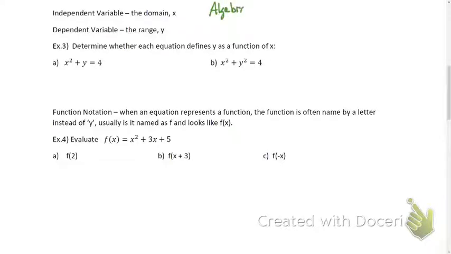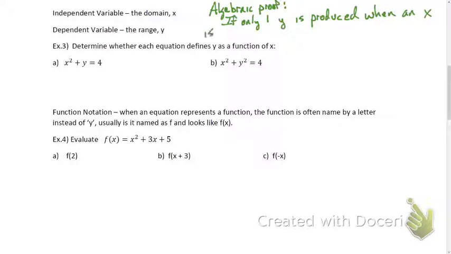Algebraically, if only one y is produced when an x is plugged in, then it is a function.